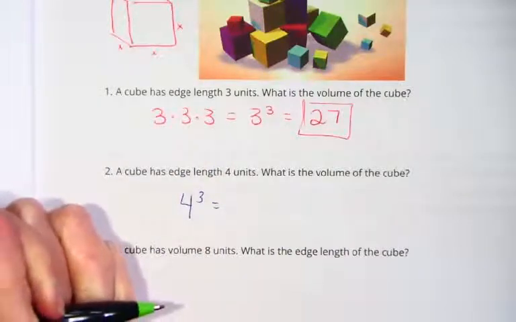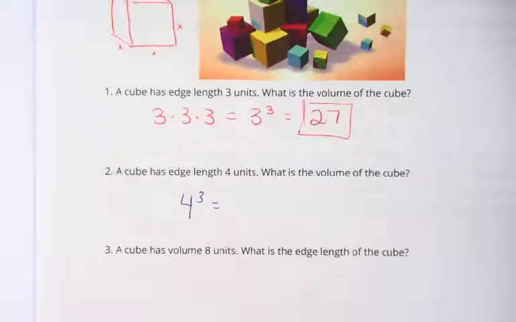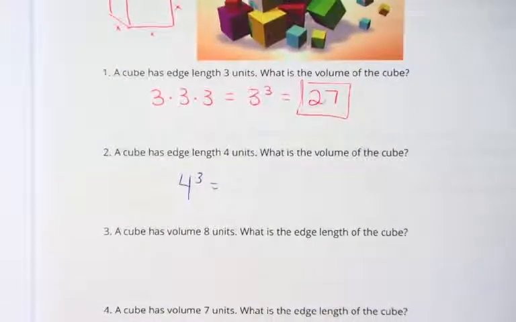I think you've got this part from now. So go ahead and finish off these next couple ones here, thinking that cubes just mean we're taking it to the 3rd power, right?